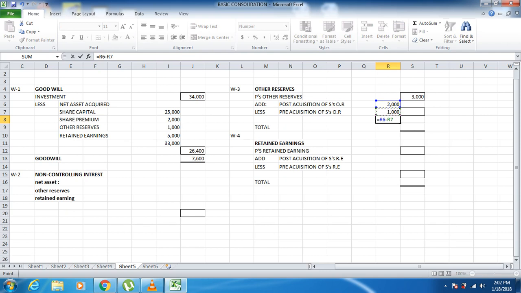This is the total of other reserves which increased after the acquisition, and 80% of these other reserves belongs to the parent company. 80%.